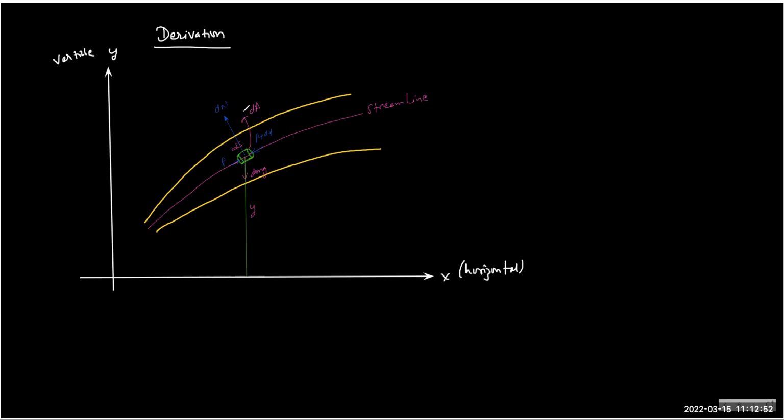And why is it so? Because it is balancing. My fluid particle is not moving up and down, it's moving along the streamline. So we can say the net force normal to the streamline must be balanced, right? And of course, let me draw a tangent along this line.